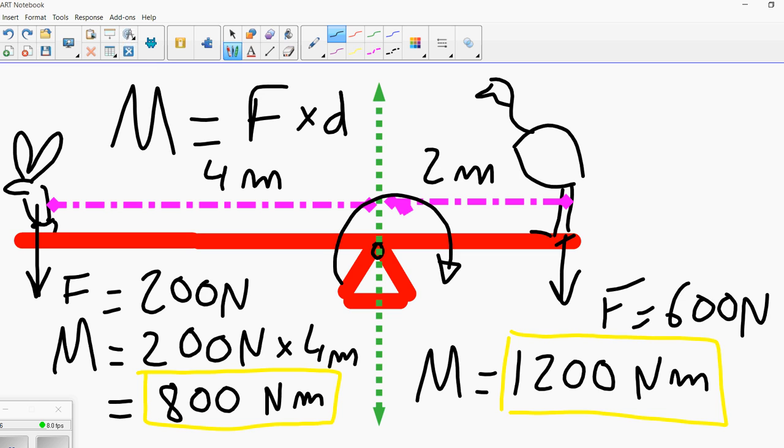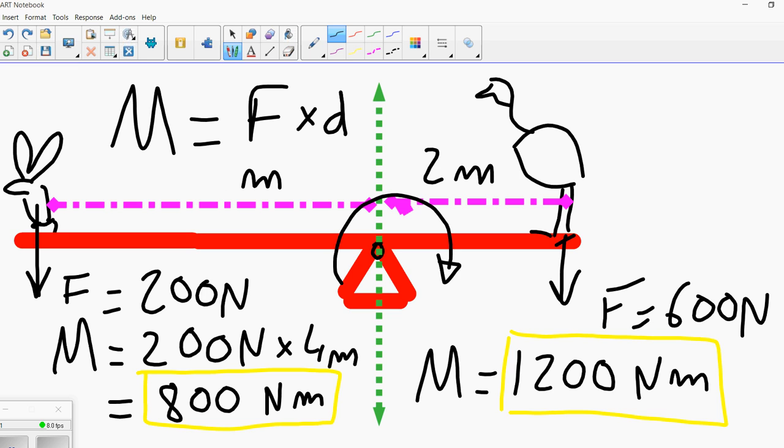Now, how much further would the rabbit have to go for this to work, for it to balance? Well, why don't we try, for example, with 5 meters, the beam that is 5 meters. So actually, let's try a little bit bigger. Why don't we try with one that is 6 meters long?